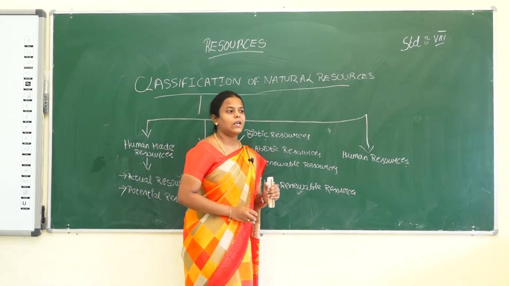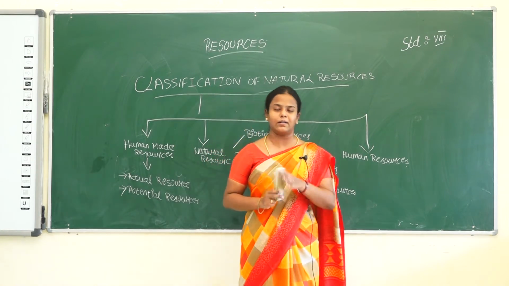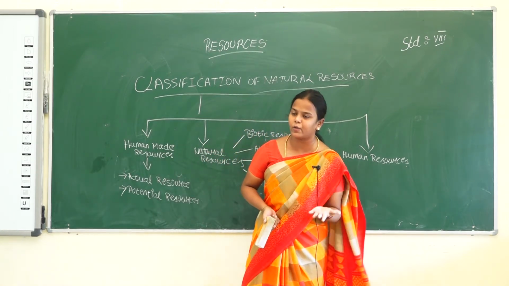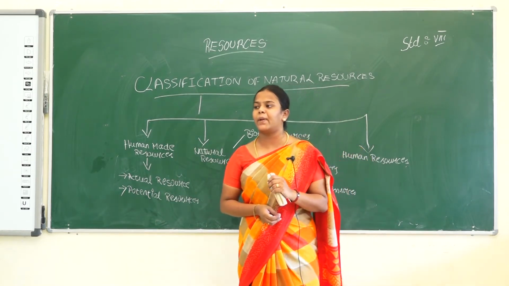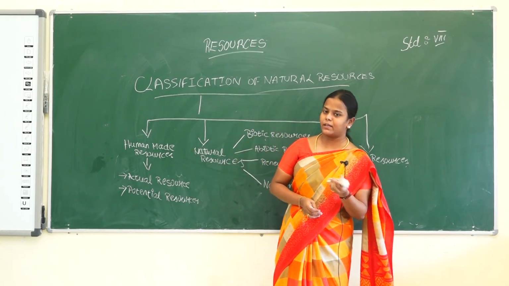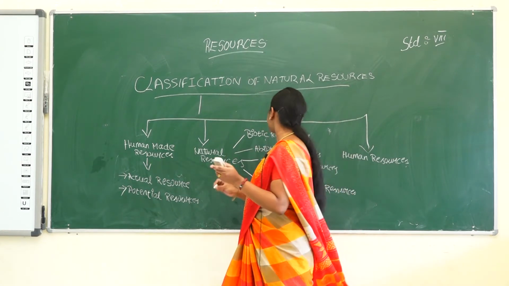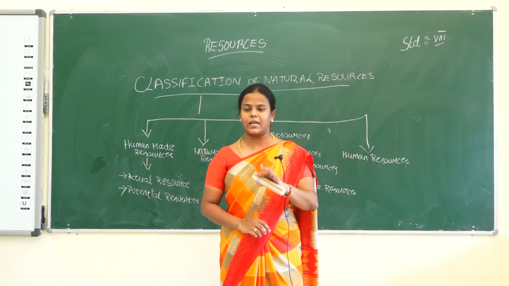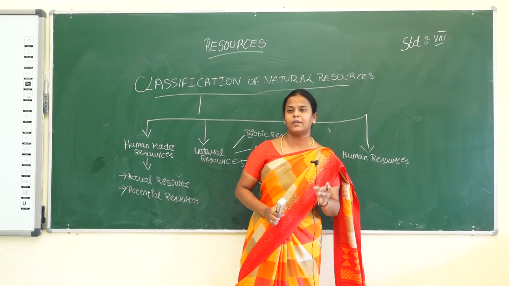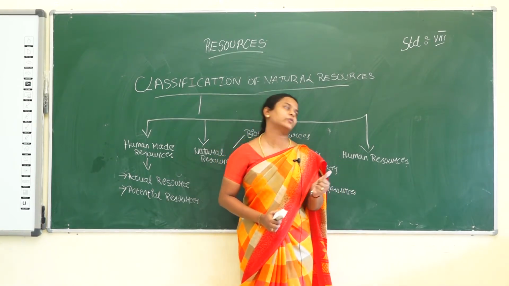Non-renewable resources are not easily renewed. For example, plastic is a non-renewable resource. In natural resources, how many types are there? Four types, namely biotic, abiotic, renewable and non-renewable resources.